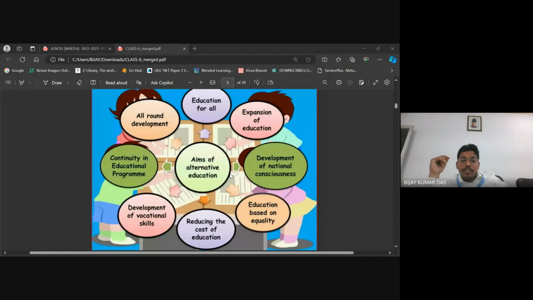So alternative education is a facility for you, so you can bring continuity in your educational career. It is making the system very close and near to us.